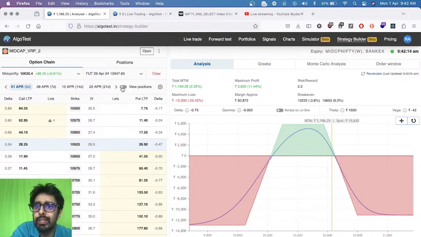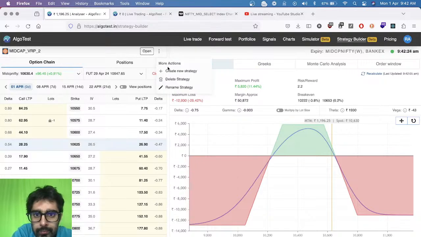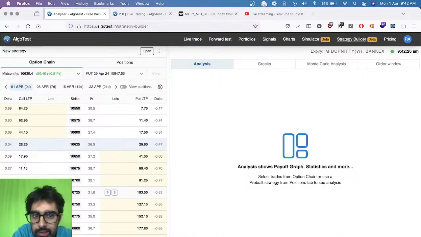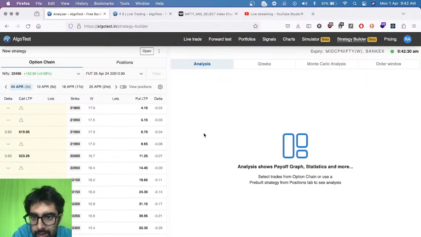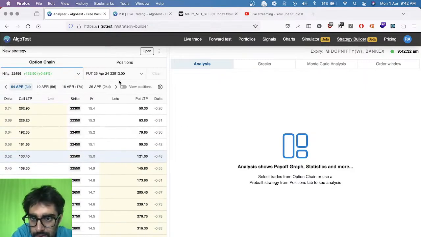Okay, let's do this. Let's actually put on a Nifty position, right? So I talked about it on Thursday night that we'll put on a Nifty monthly position. So let's actually do that. Let's go to create new strategy, and let's go to Nifty. Nifty is also up, as you can see.